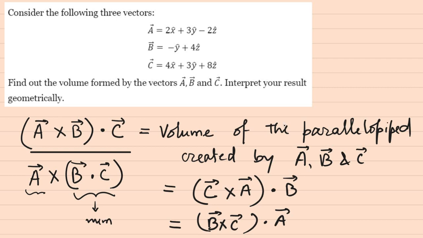So A, B, C creates a cycle: B after A, and then C after B, and then A after C, and it goes on. As long as you follow that cyclic order, it's always going to give you the same result. However, if you alter the cyclic order, for example if you take A cross C dot B, that's going to give you the negative of what we would get from the original result.